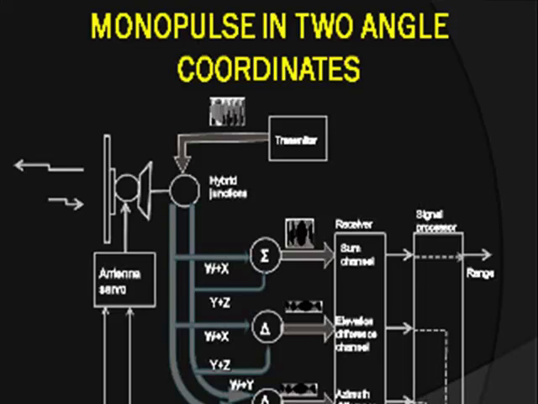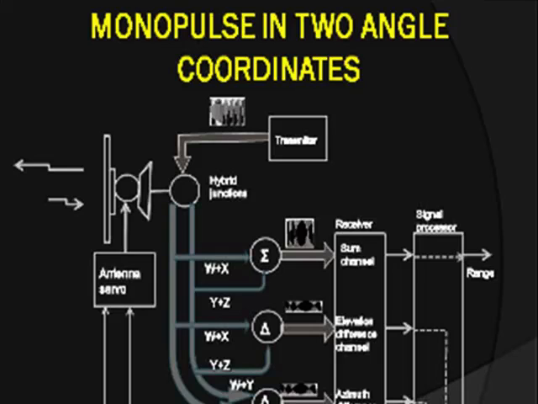The hybrid junction in waveguide form or in microstrip form is shown in the diagrams here. Basically, they are magic tees or rat race.